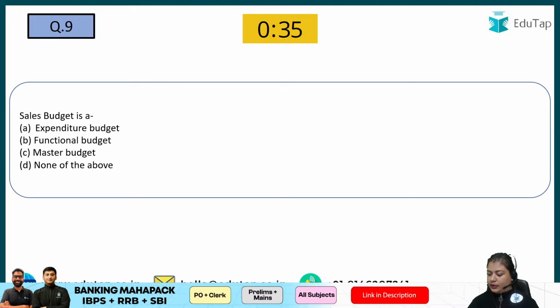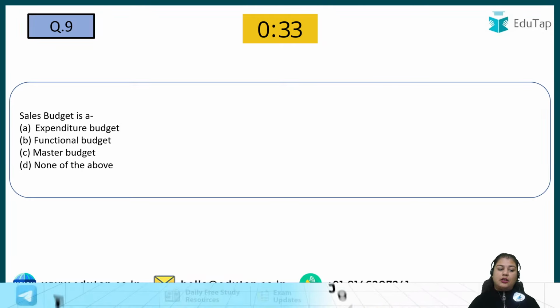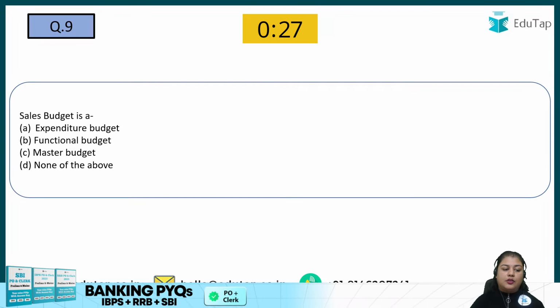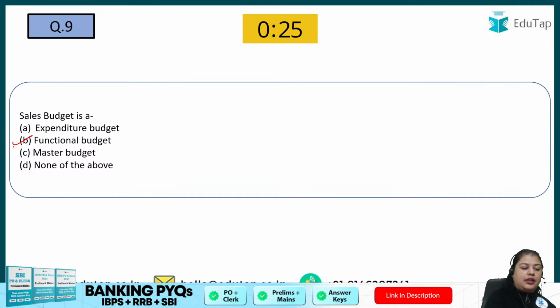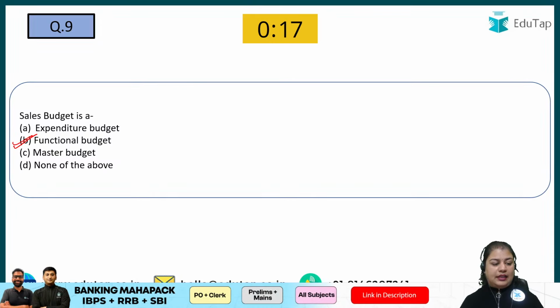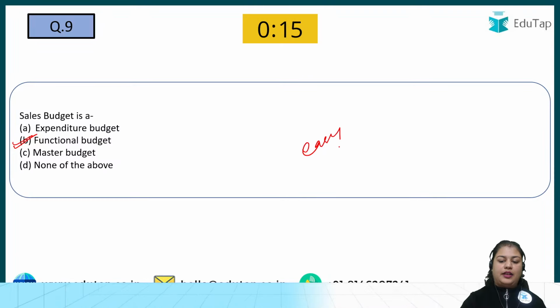So someone is answering B, functional budget. Yes, because sales budget is basically a function of the management. It's a functional department, so it's a functional budget. Okay. So yes, everybody has answered it correctly. 9th is B, a very easy question.